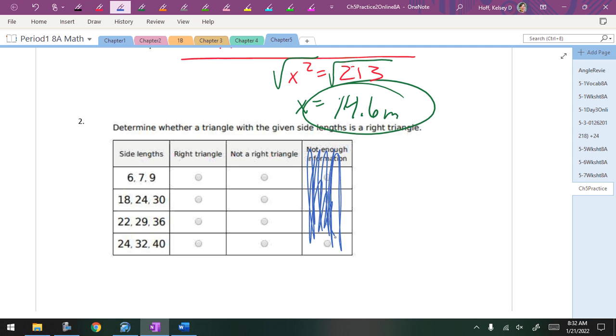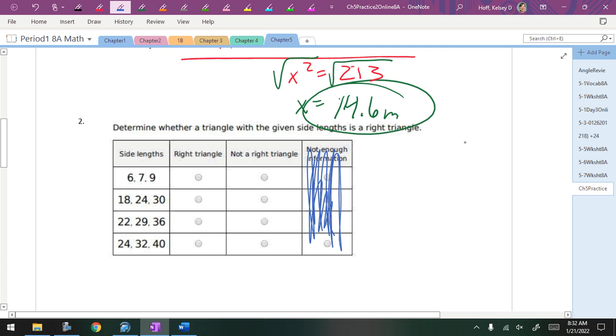So how do I determine if it's a right triangle or not? Can you do A squared and then 6 would be A? Okay, but what's different about this equation, Liana, than the one we used up above? They're already written.